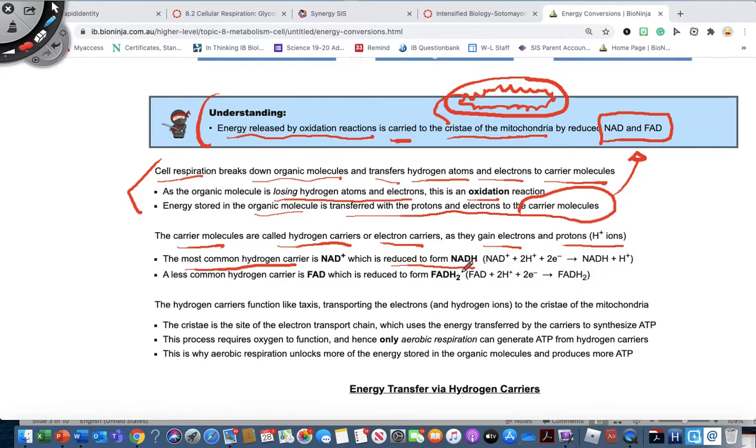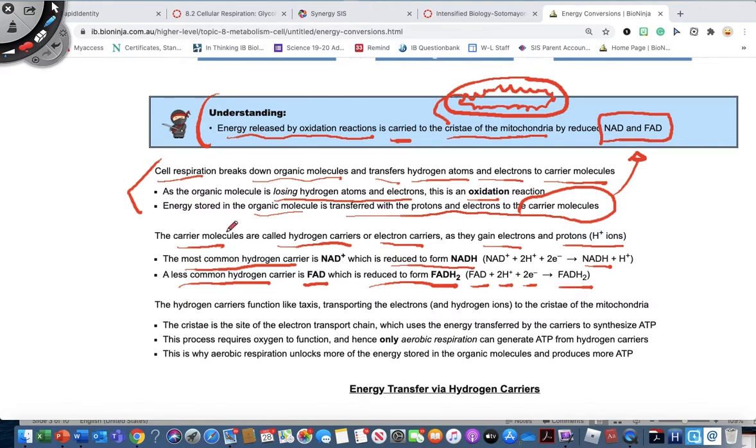And the way that we ended up with NADH was you took the NAD+, plus 2 hydrogen ions, plus 2 electrons, and you ended with NADH. The less common hydrogen carrier is FAD, which is reduced to form FADH2. So you can take the FAD molecule and add 2 hydrogens and 2 electrons, and you end up with FADH2.